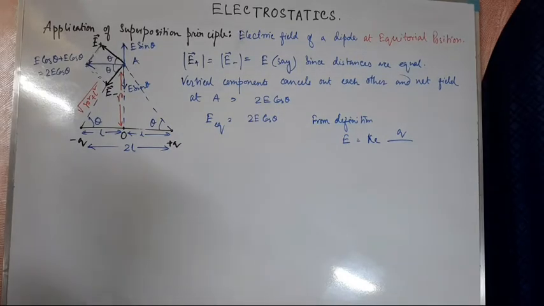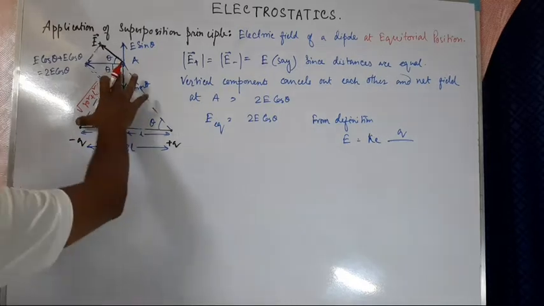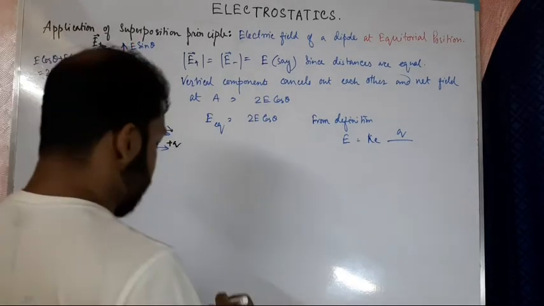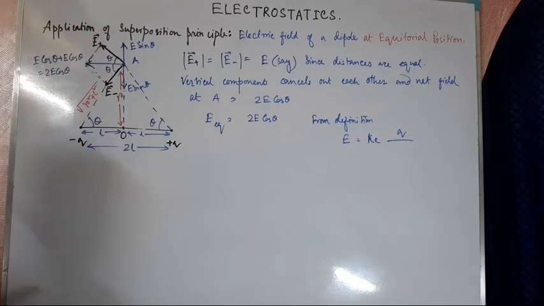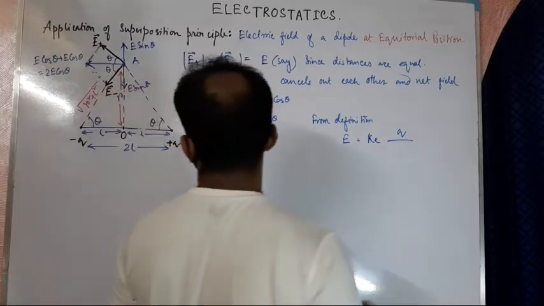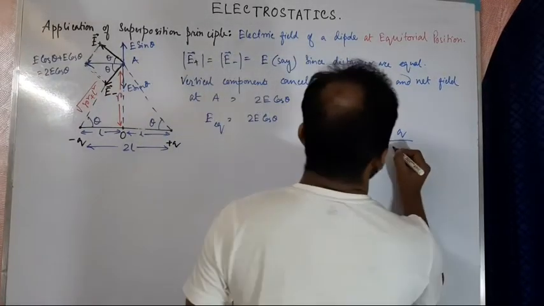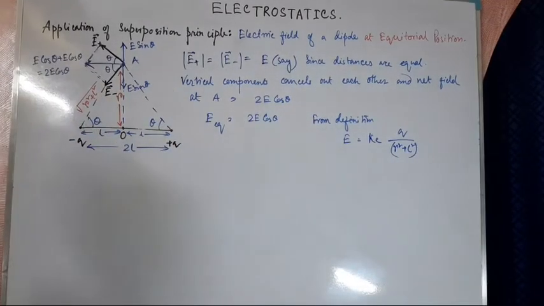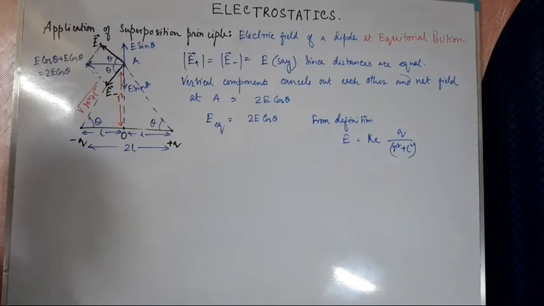Is that okay? Since it is the actual distance between the source charge and the test charge, and the electric field is proportional to the inverse square of the distance, it will be R square plus L square. I am not putting the vector sign here and not giving the direction.